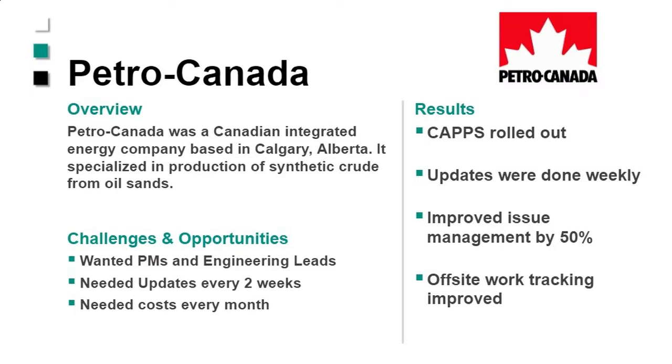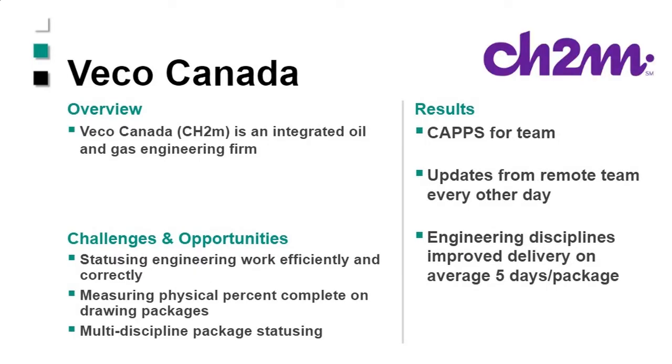Another example was Vico Canada, which is part of CH2M now. They were using it on a few specific projects, and they were the group that deployed it to their engineering group. The point was they were struggling with getting the updates in timely to understand exactly where the engineering disciplines were in each of the discipline areas, especially on some multidiscipline packages.